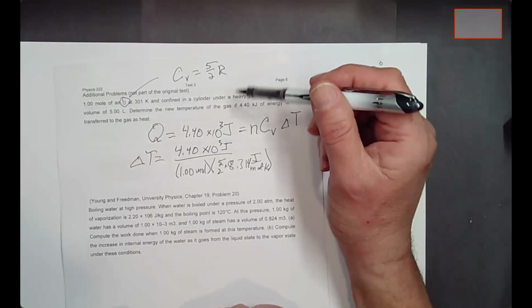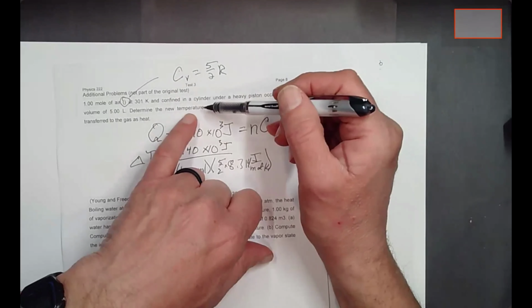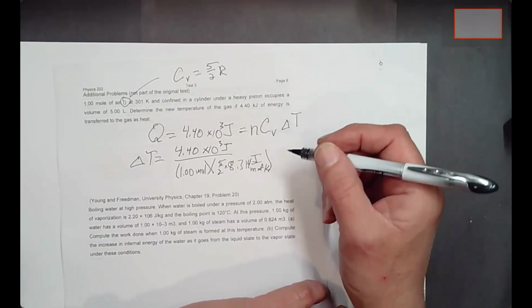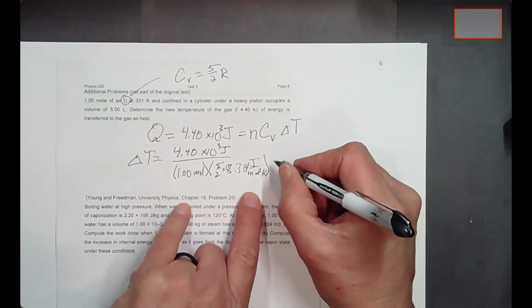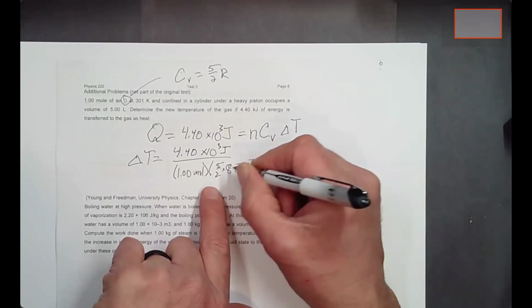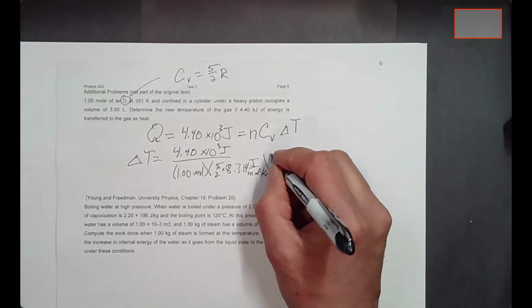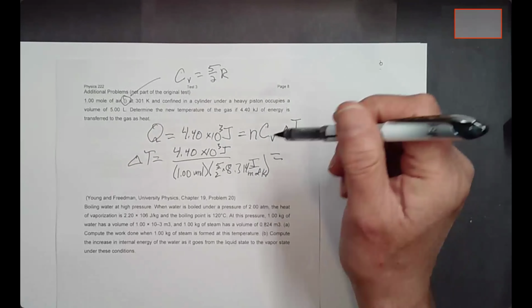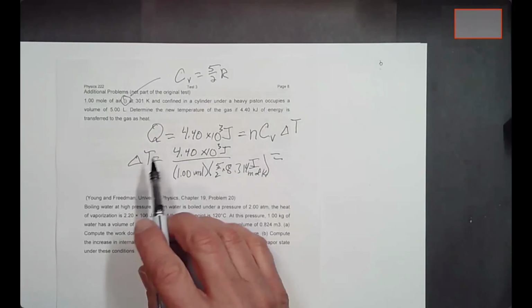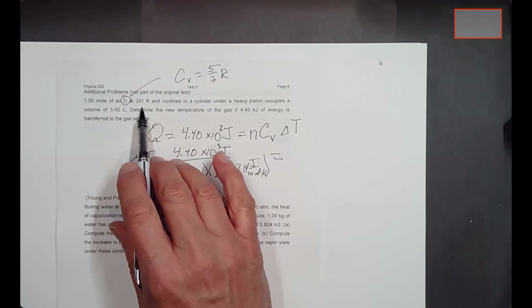I mistyped that when I put this in here, but now it's fixed. So this is C sub V, there's the N, and it's a matter of plugging in to get the temperature difference. And then you just add that temperature difference onto the 301 Kelvin.